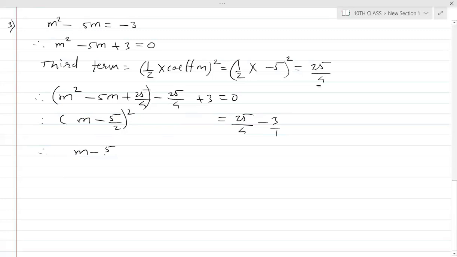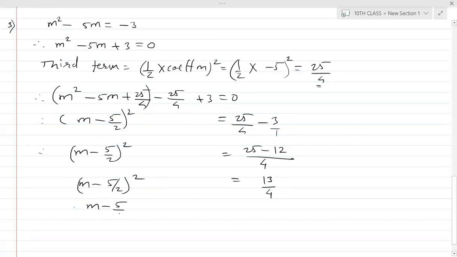The equation becomes m minus 5 by 2 whole square. On the right side cross multiply, you will get 25 minus 12 upon 4. Let's solve this. 25 minus 12 becomes 13 upon 4. On the left side m minus 5 by 2 whole square as it is. Now taking square root, the right side becomes a square root.